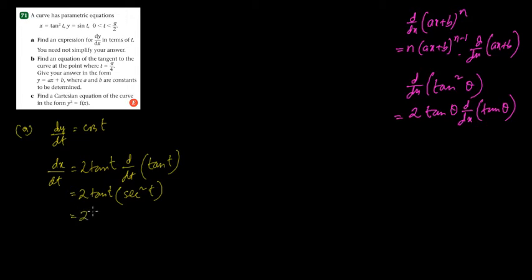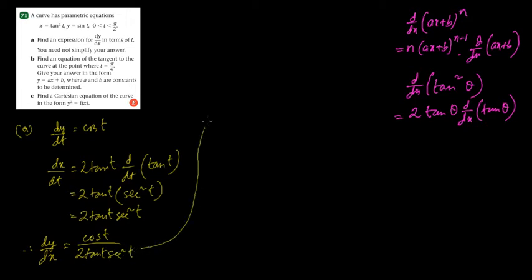So this would be 2 tan t sec squared t. So therefore dy by dx is dy by dt, which is cos t, divided by 2 tan t sec squared t.